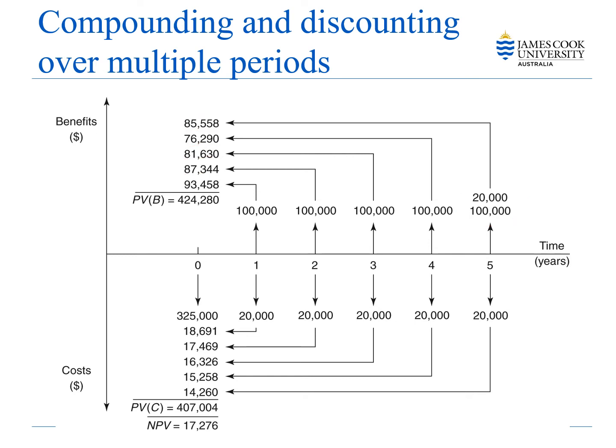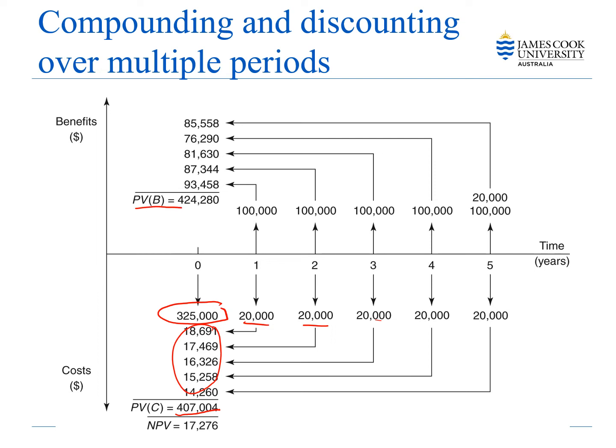Similarly, we can do it for the cost. The first item of cost occurs at time 0, so it's already present values. So we don't need to discount it. For the next five $20,000, discount them back term by terms, we get present value. Add them up, we get a present value cost.